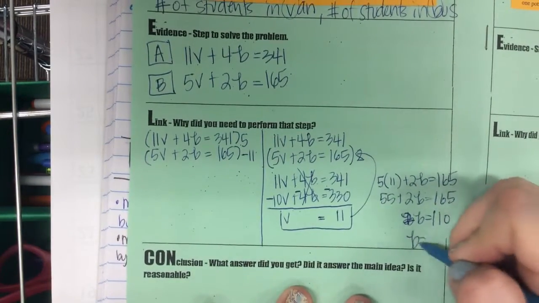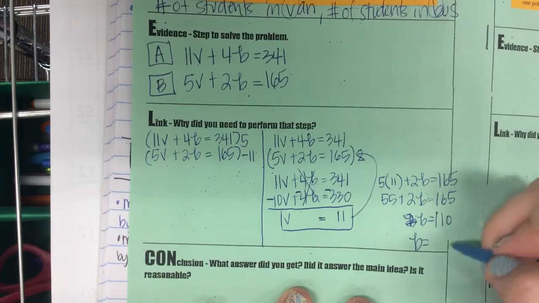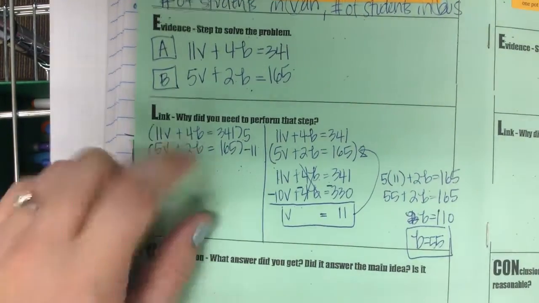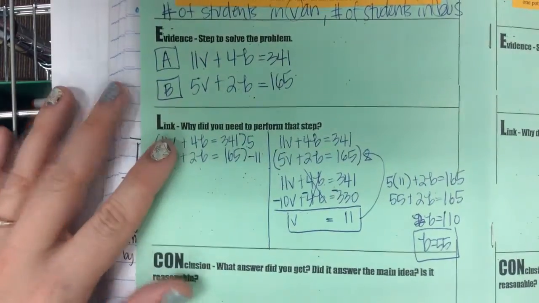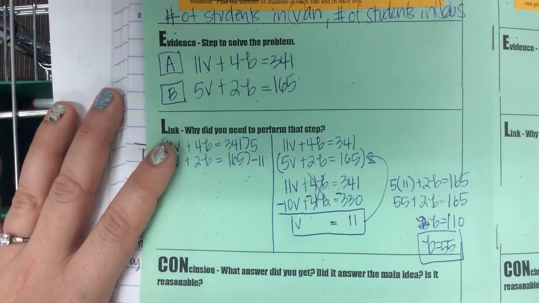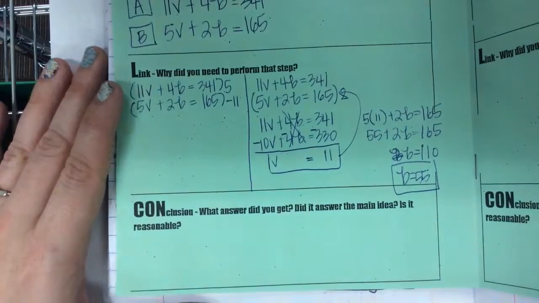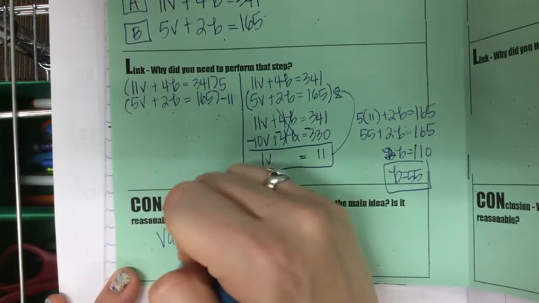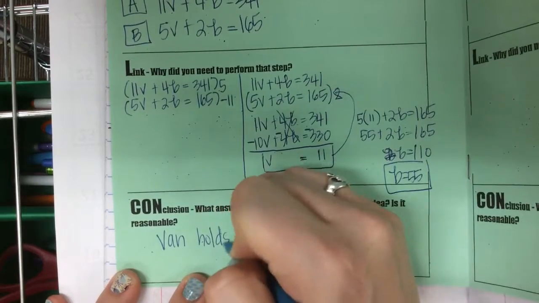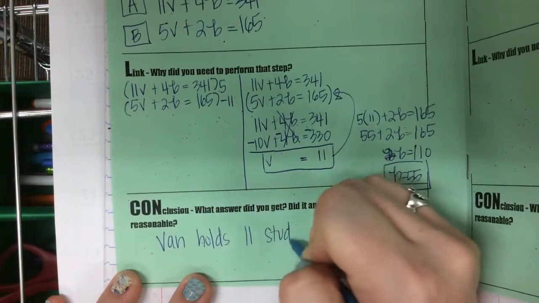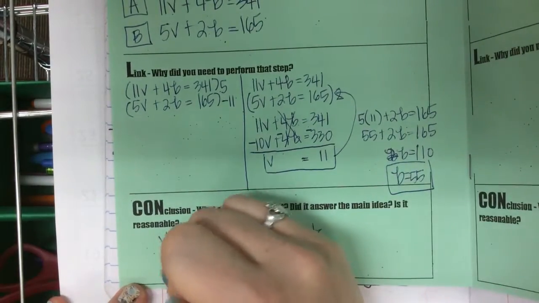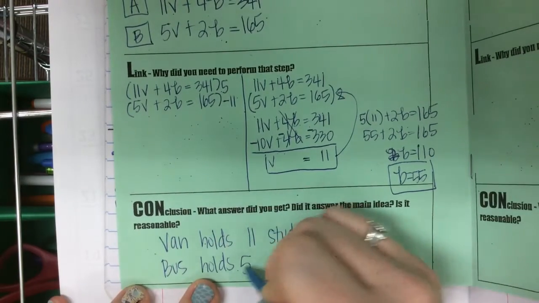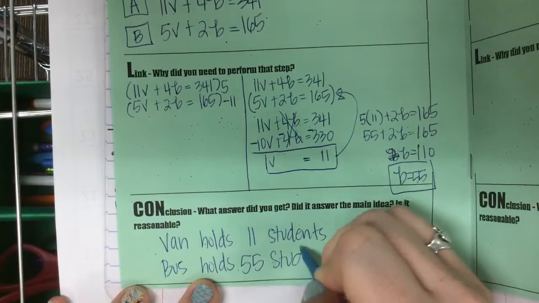So 1B equals 55. If you would have done this first problem, you still would have gotten the same answer. So what's our conclusion? A van holds 11 students, and a bus holds 55 students.